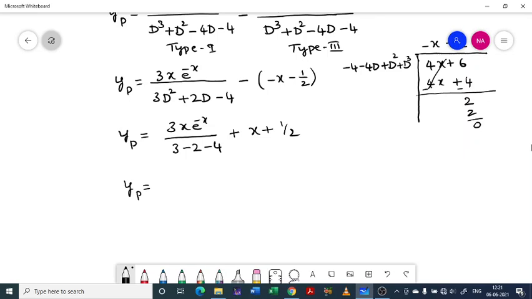So 3 - 2 - 4, that is 3 - 6, which is -3. So -3 and 3 get cancelled, and you are left with x e^(-x) with negative sign, plus x plus 1/2. So this is the required particular solution. The general solution is obviously yc + yp. You can write it later, I think.